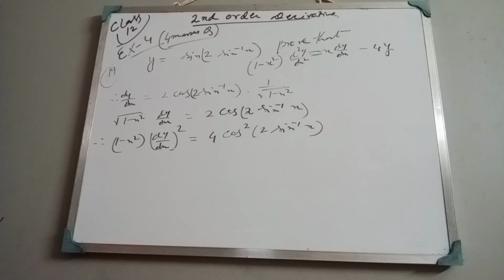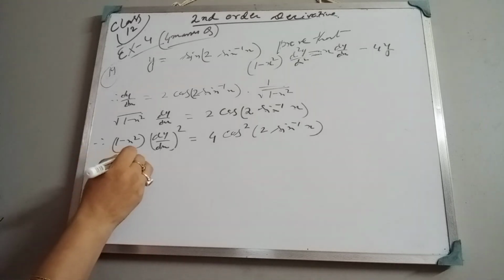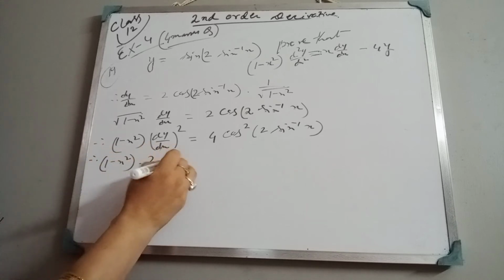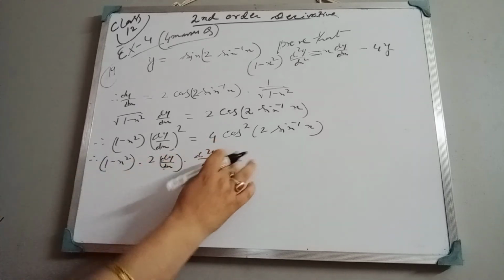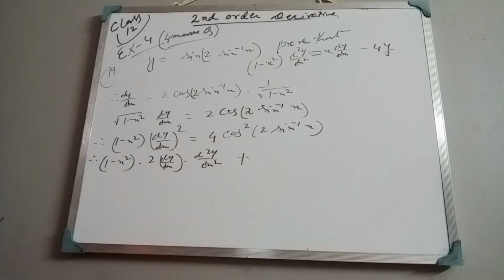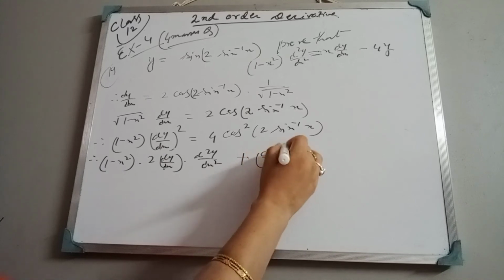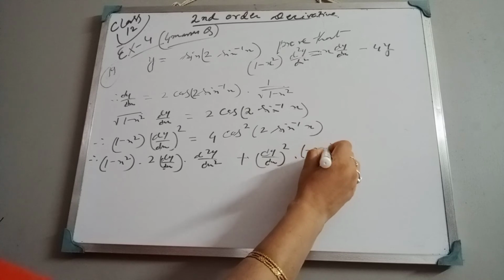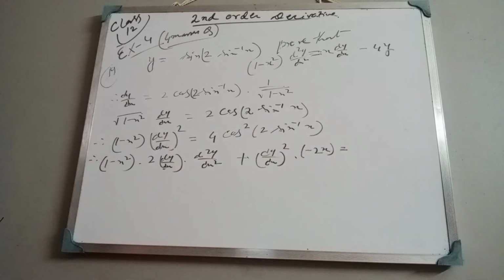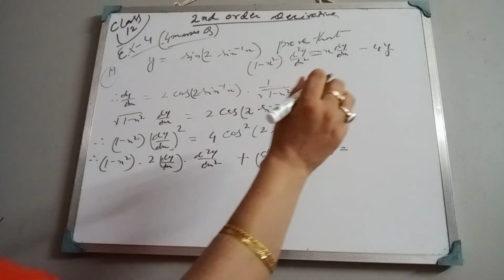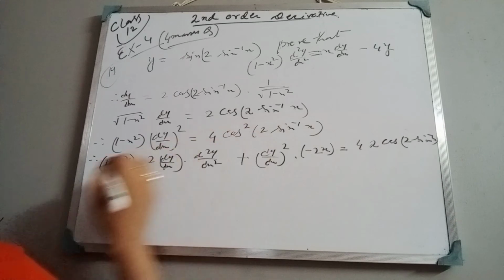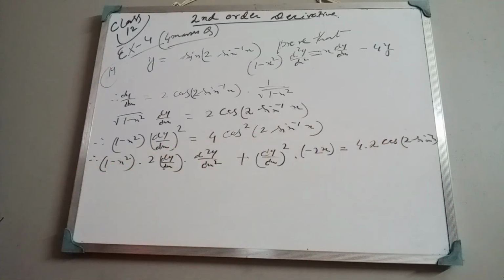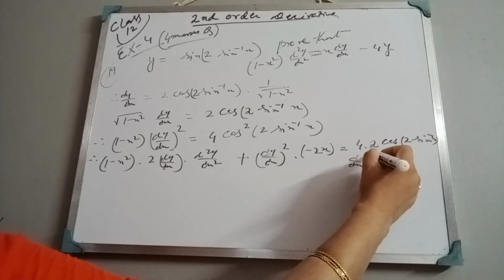Now differentiating both sides with respect to x, what we will get? 1 minus x square into 2 dy/dx into d2y/dx2 plus dy/dx whole square into minus 2x is equal to 4 into 2 cos 2 sine inverse x into d/dx of cos 2 sine inverse x.